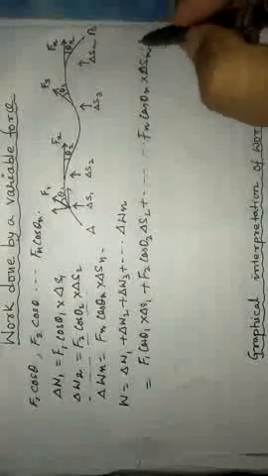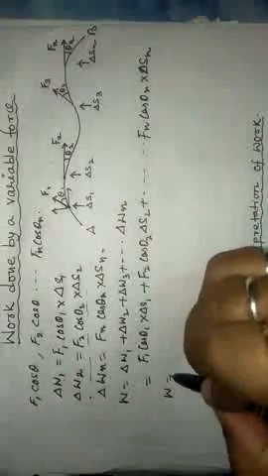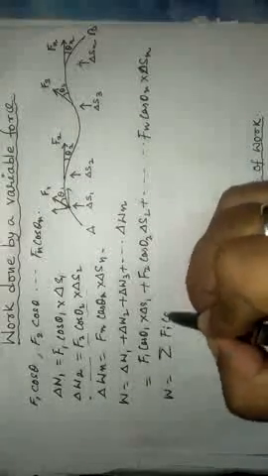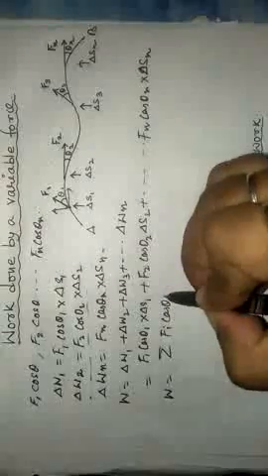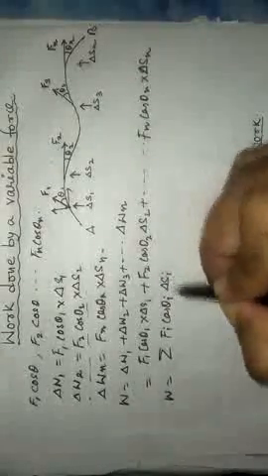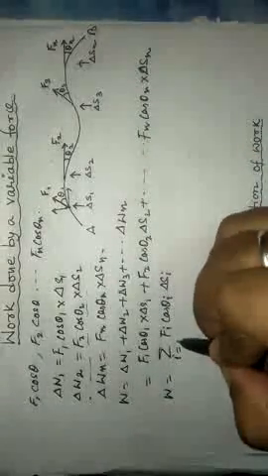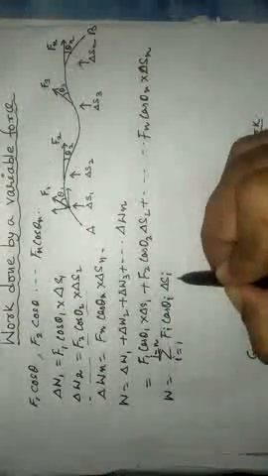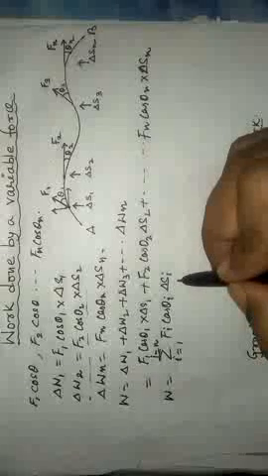Or we can write that W is equal to the summation of Fi cos theta i into delta Si, where i is equal to 1 to n.